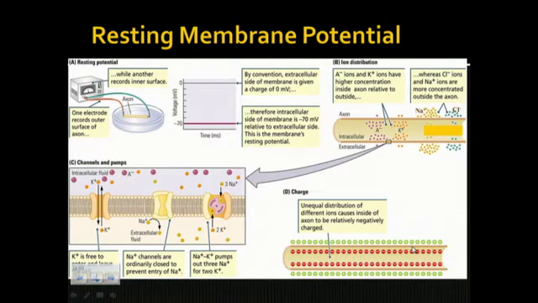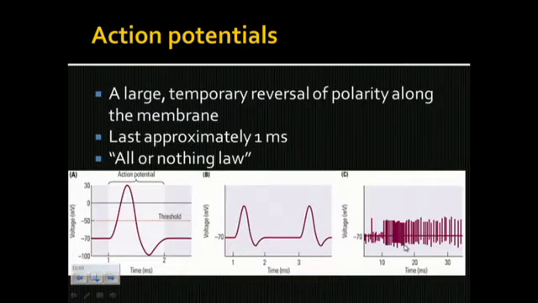So that's the reversal of polarity that I'm talking about, the reversal of the positive and negative charges. And they are relatively long compared to excitatory postsynaptic potentials. Okay, so they last approximately 1 millisecond, which is relatively short, thinking about it that way, but excitatory postsynaptic potentials and inhibitory postsynaptic potentials are much quicker in comparison.